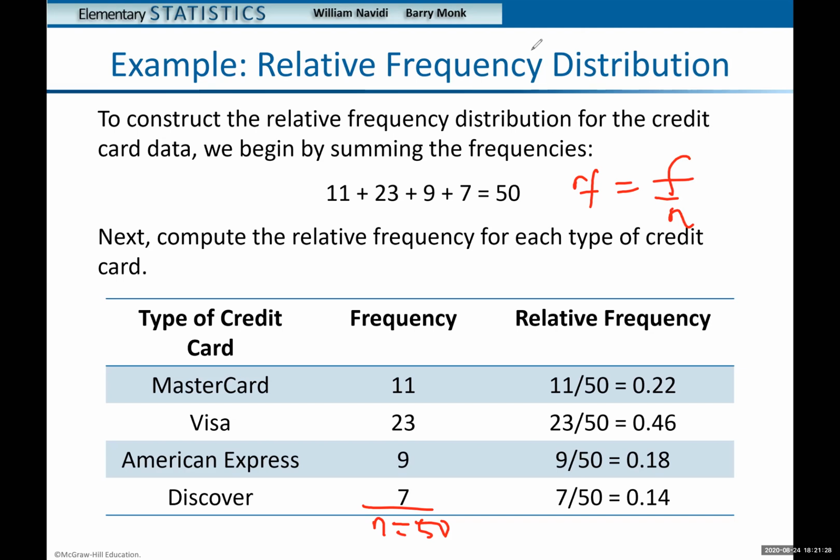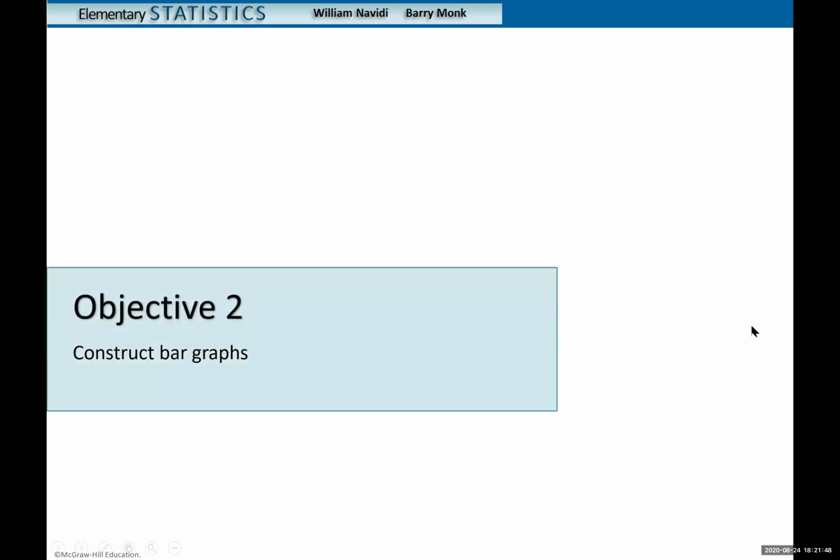Any questions? All right. So that's how you get RF. And then after you get F and RF, we'll be able to use those data to construct bar graphs.